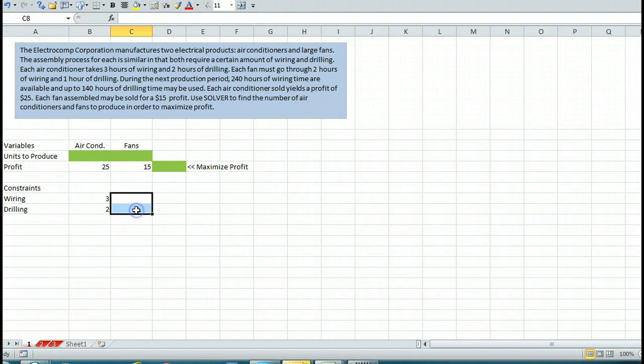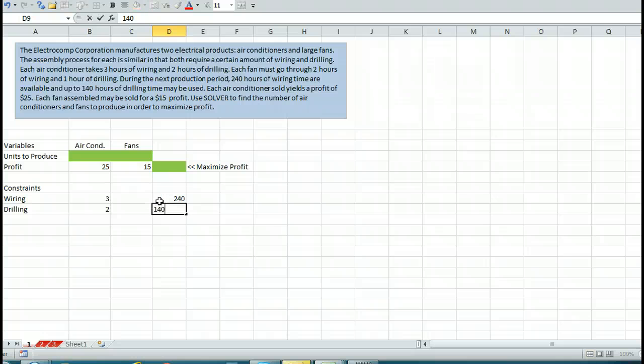Then here you're going to go through the paragraph, the problem, and find the same information for fans. How many hours of wiring do fans take? Put that here. How many hours of drilling do fans take? Place that here. Then we can put in the total that we have available for wiring. We have 240 hours of wiring time. That's what the problem tells us.